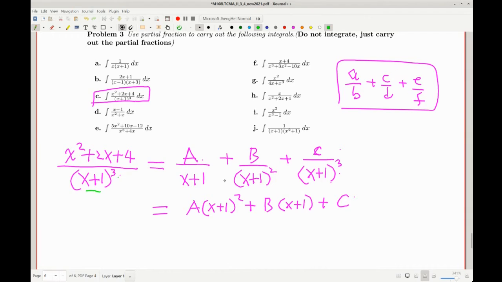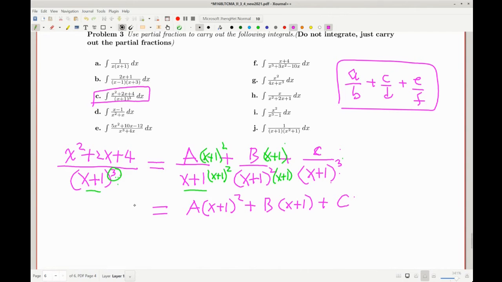Again, the idea here is that we just go ahead and multiply by the appropriate thing to make the x plus 1 cubed. So here we'll multiply by x plus 1 squared, because we want to get back to the cube. Here, x plus 1 and x plus 1. So almost like we're asking, what is missing from my denominator in each case? And here, nothing is missing, so I'll multiply by nothing.